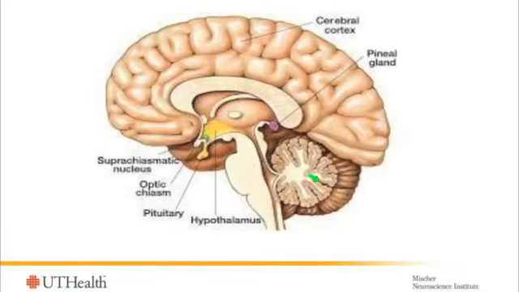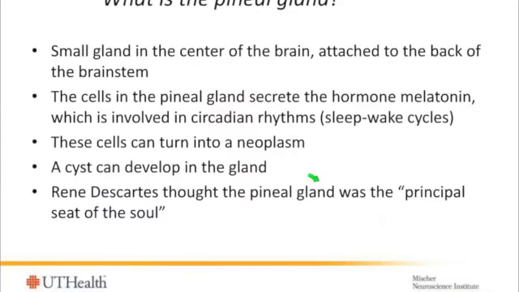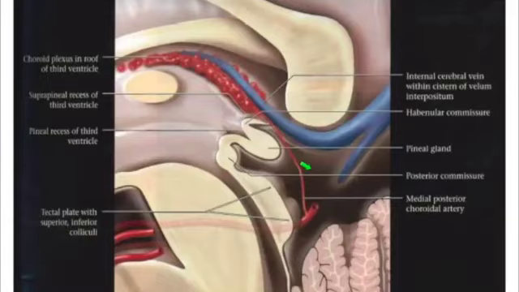So that's the pineal gland. What does it do? It's a small gland that secretes a hormone, and that hormone is melatonin. I think you've all heard of that because people are taking it as a drug when you're getting jet lag and so on, but it's involved in our circadian rhythms or our sleep-wake cycle. So that gland really exists just to produce melatonin.